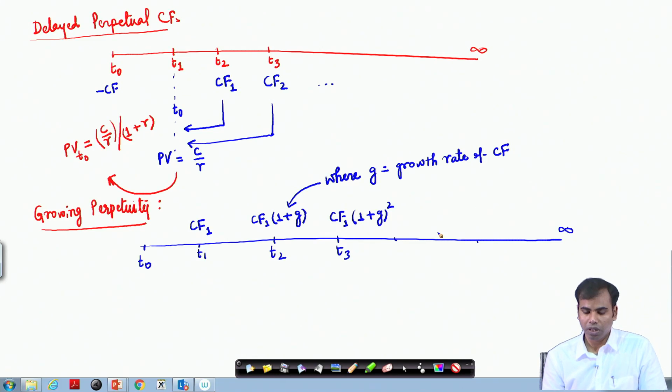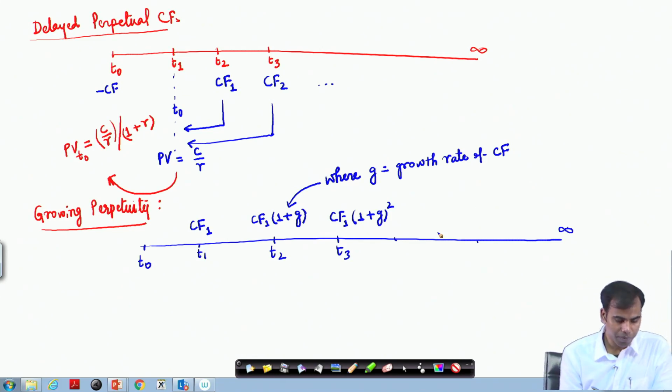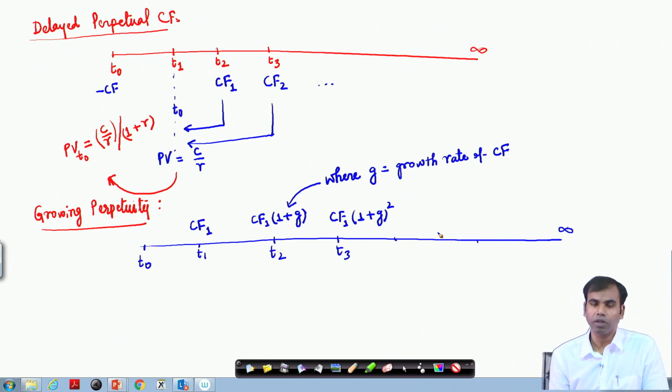So, if you have situation like this, you can simply use the same approach that we have shown earlier. We have shown that the present value of perpetual cash flow can be calculated using a formula known as x is equal to C by R, where x is the present value and C is the future expected cash flows, R is the discounting rate.